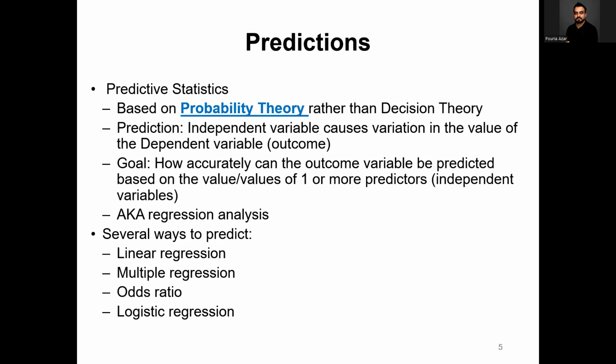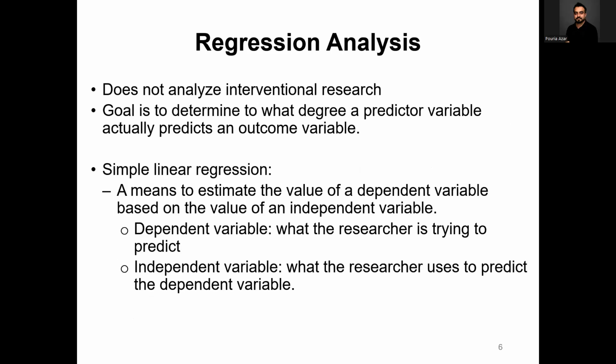We have bootstrap regression analysis, multiple logistic regression, and Bayesian regression. So there are different types of regression analysis. Regression analysis does not analyze interventional research. We are just predicting the outcome variable from a predictor or predictors.